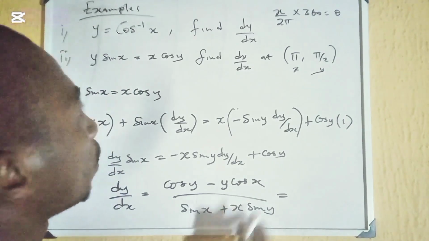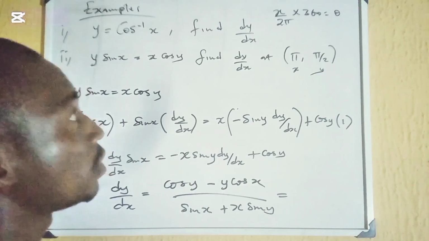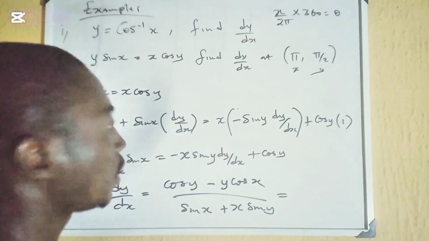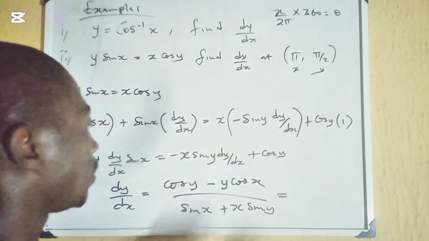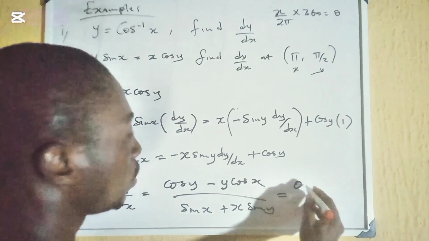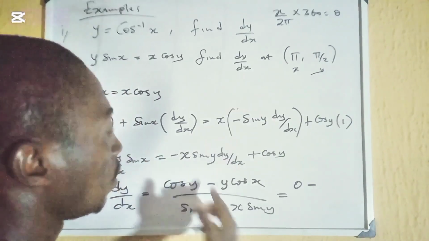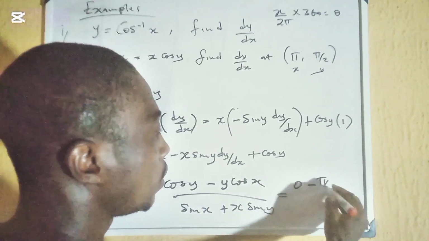where our y is equal to π/2, and that's the same thing as 90 degrees. If you use this formula, x over 2π times 360, you convert π/2 to degrees, it gives you 90 degrees. So cos 90 is equal to 0 minus y, that is still π/2. Here, y is not an angle, so in that case, we'll use π/2, which is the gradient.